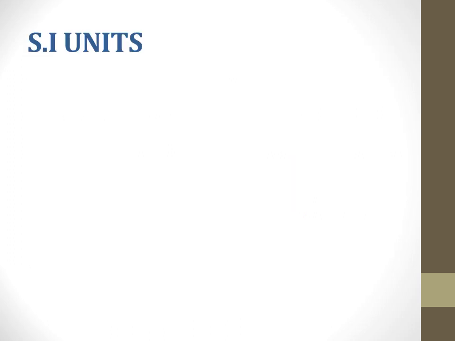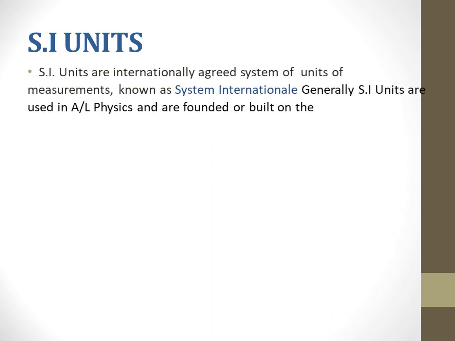As we've seen those international agreements for the SI unit, let us state what an SI unit is. SI units are internationally agreed systems of units of measurement known as the Système International.